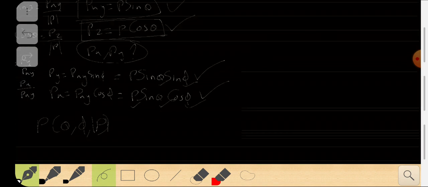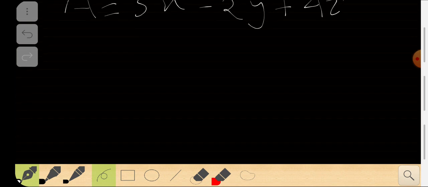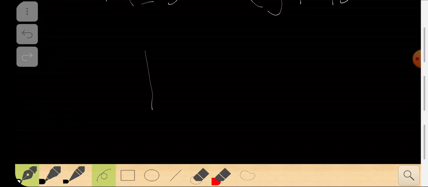Maybe if I have a vector, say A is equal to 3x cap minus 2y cap plus 4z cap. This is going to be a bit complicated, but we are going to use that.